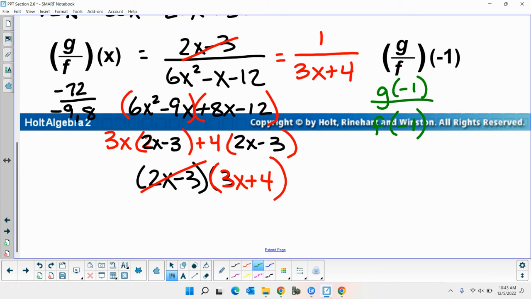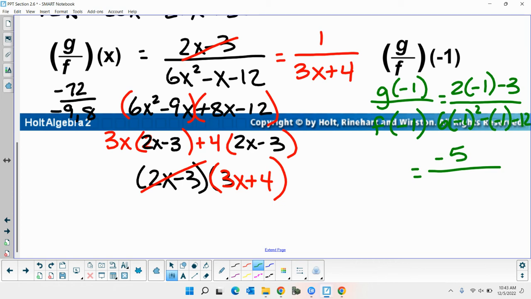So g was 2x minus 3. And f was 6x squared minus x minus 12. So 2 times -1 is -2 minus 3 would be -5.